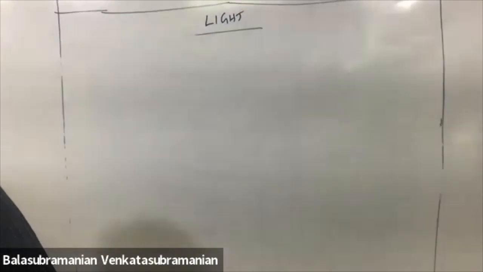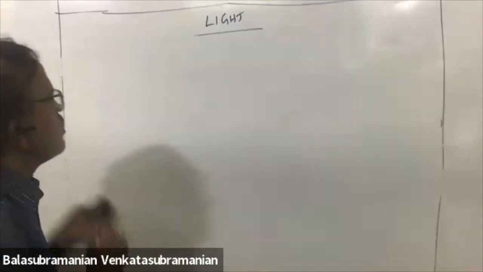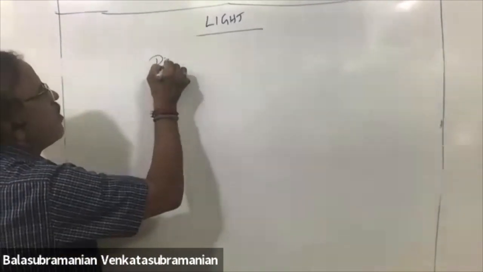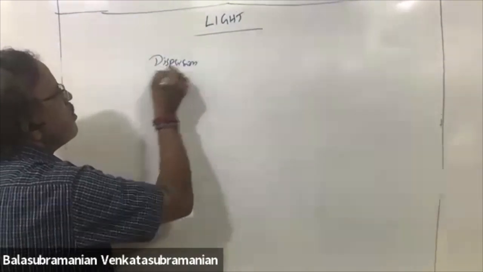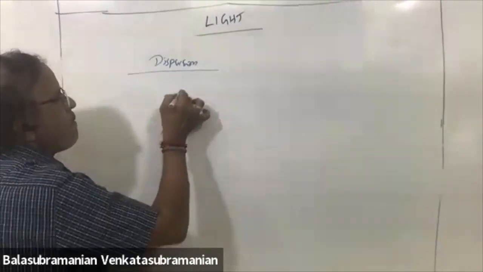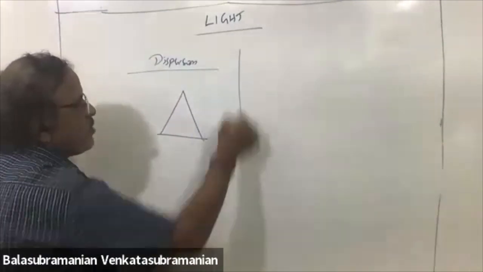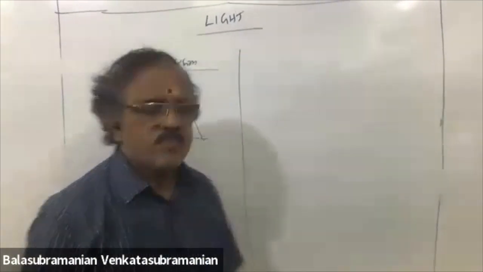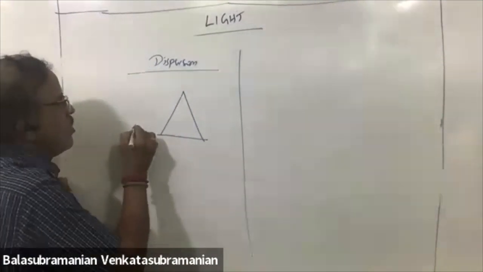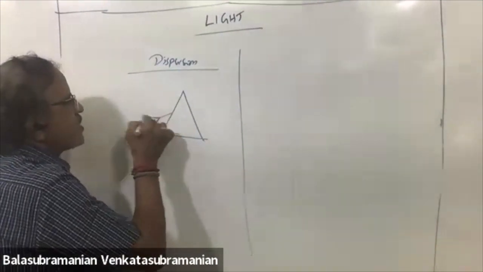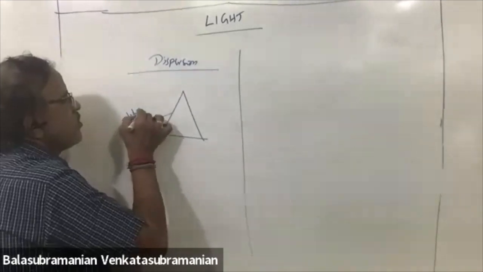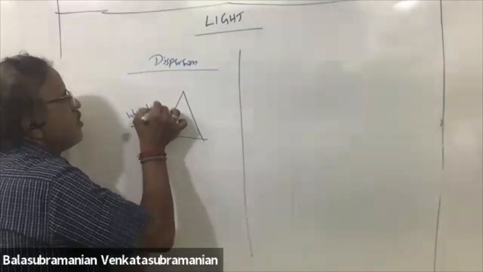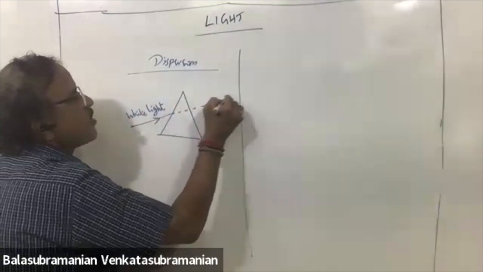Dispersion of light. You take a prism. This is the screen. You are allowing white light. White light is incident.